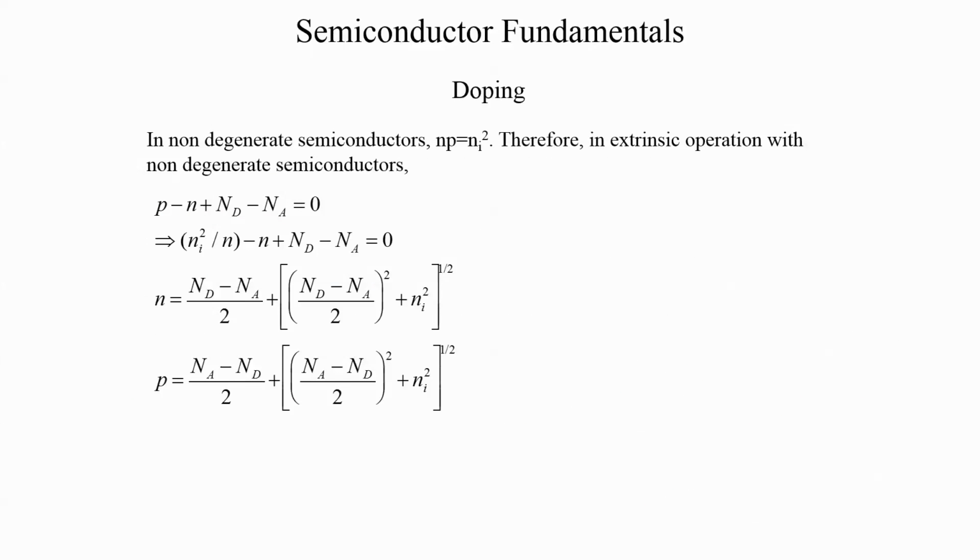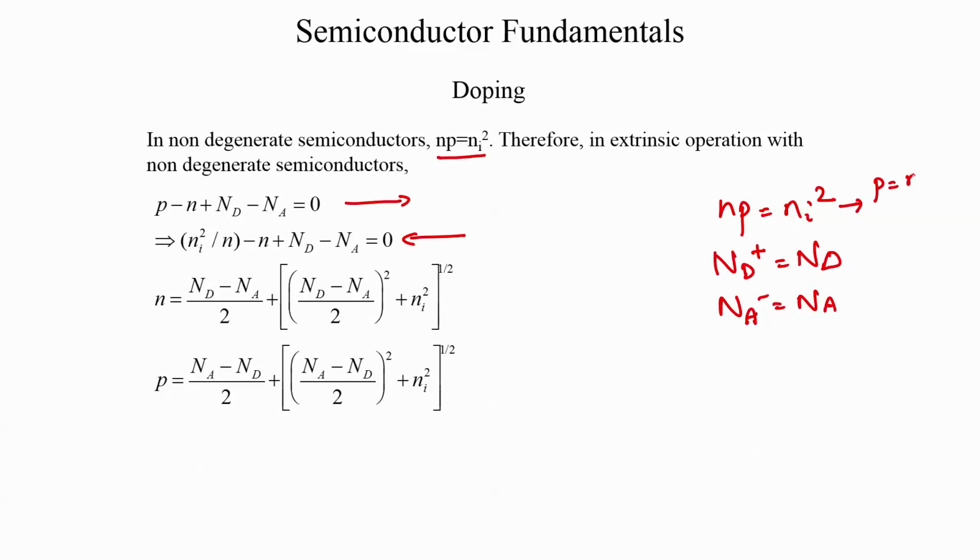Now, if we use this condition that np is equal to ni square and we are operating in the extrinsic region, that is Nd plus is equal to Nd and Na minus is equal to Na, then this relation can be rewritten as this, because I am now representing my p as ni square by n.